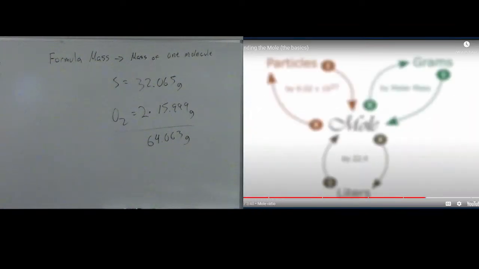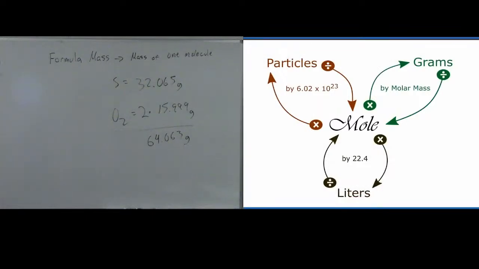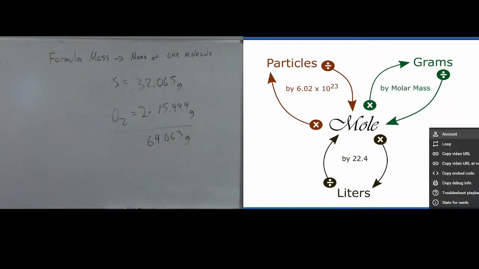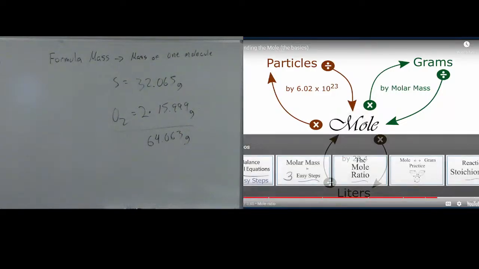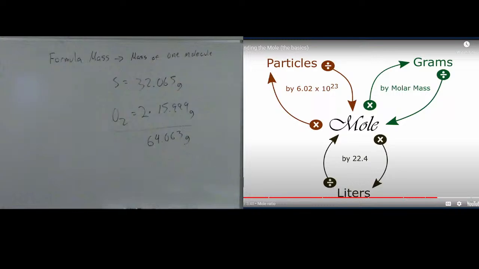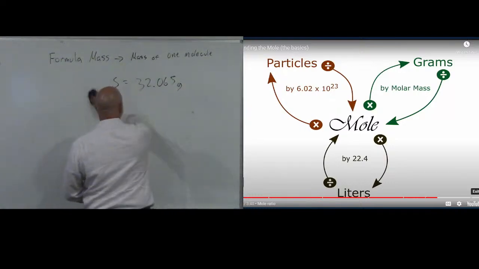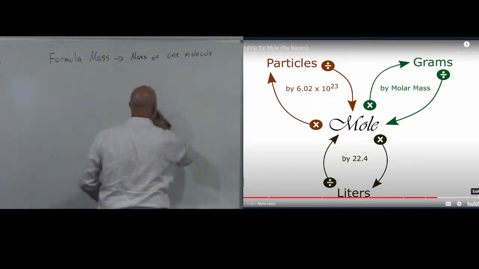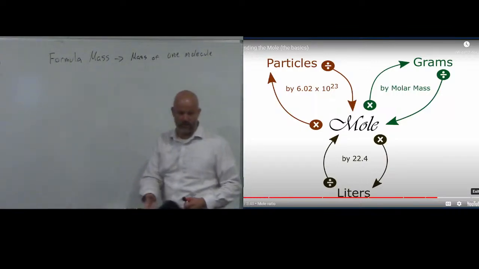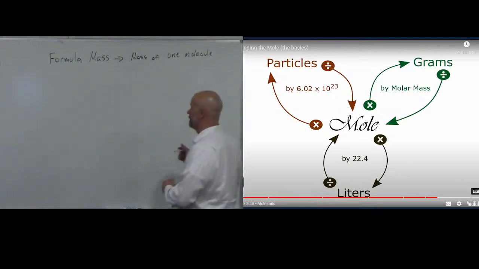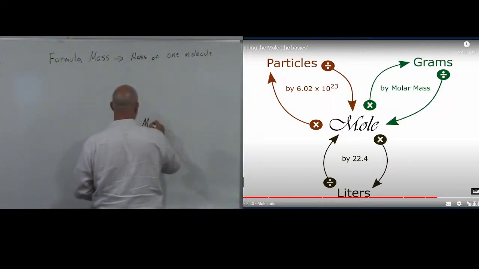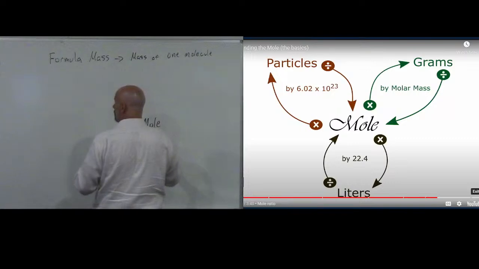Avogadro's constant. The mole is the bridge between the micro and the macro, counting particles and things like mass and volume. But I'd like us to have this. I think this is really, really helpful. Wish that I'd had this when I was in chem. So this is showing my relationship, how I can move between different things. A mole, this unit, right?